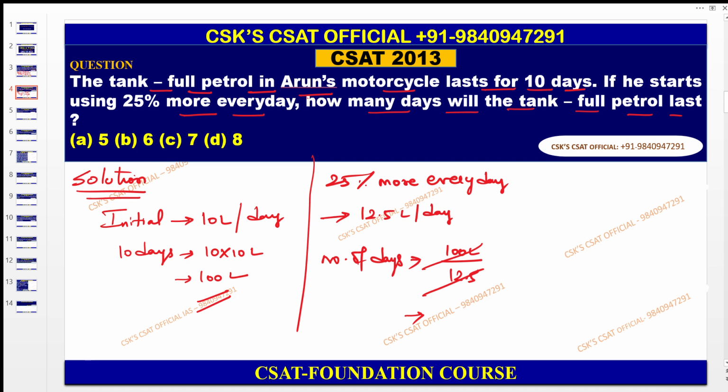Multiplying 10 in the numerator and 10 in the denominator, it becomes 1000 by 125, because we are removing that decimal, which is equal to 8 days. So the answer for the question is 8. Shall we move on to the next? If you are understanding, we'll move on to the next.